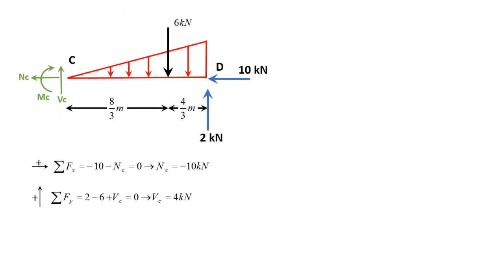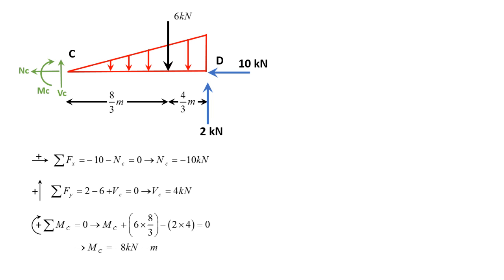So VC is 4. And summation of the moments about C equals 0. MC plus 6 times 8/3 minus 2 times 4, the total length, equals 0. If I solve for MC, I'll get negative 8 kilonewton meters.